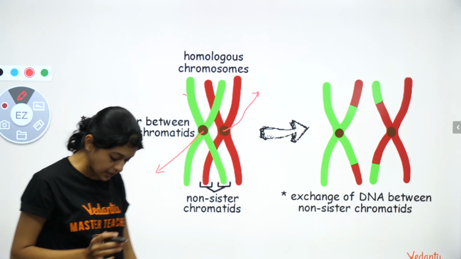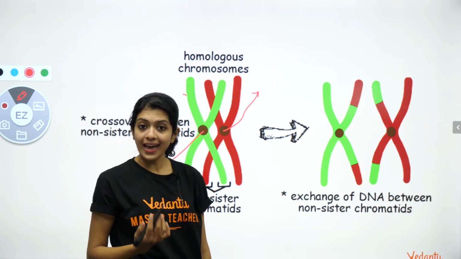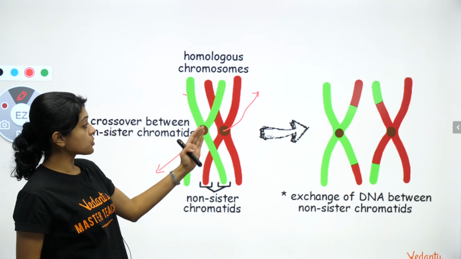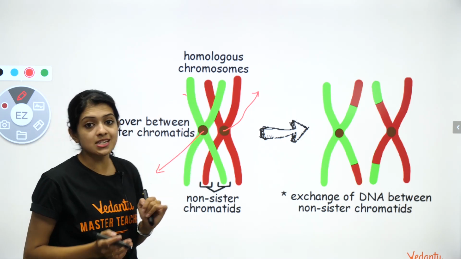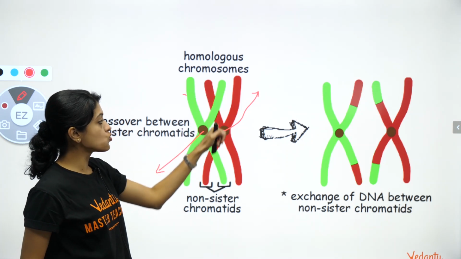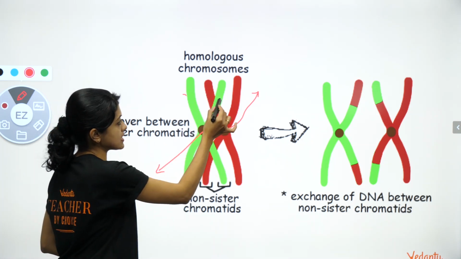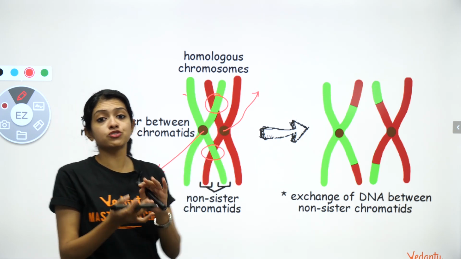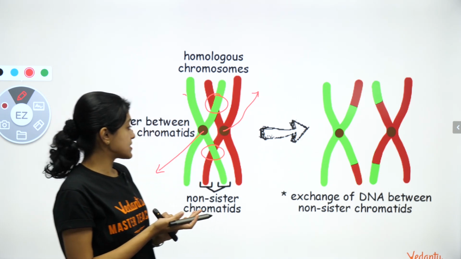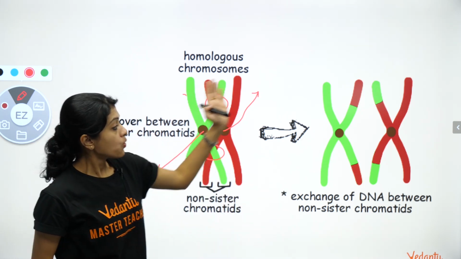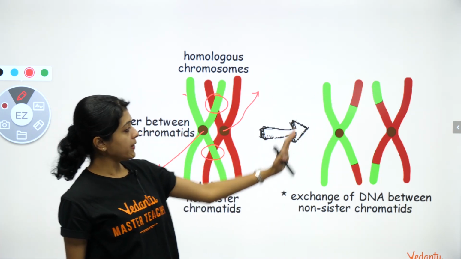What happens in the process called crossing over is that genetic information gets exchanged between non-sister chromatids, which means one green chromatid and one red chromatid. As you can see here, crossing over or exchange of genetic information happens. And once this exchange has happened, what you get as a result would be this.